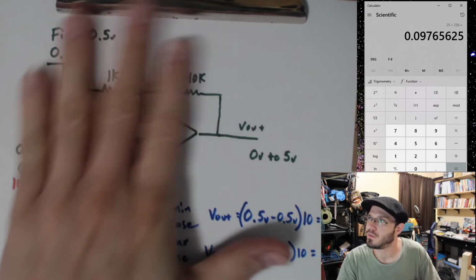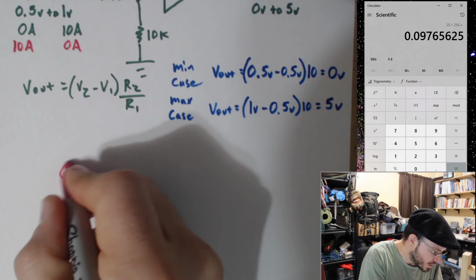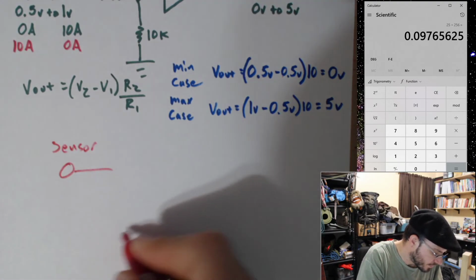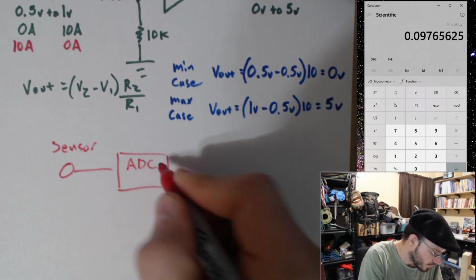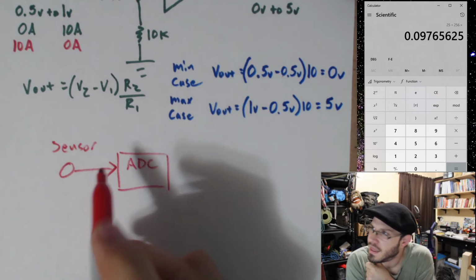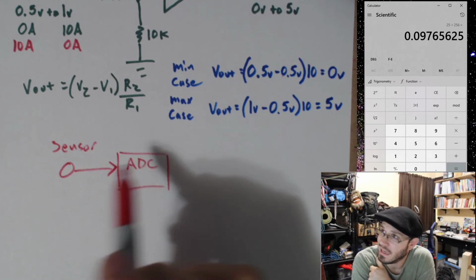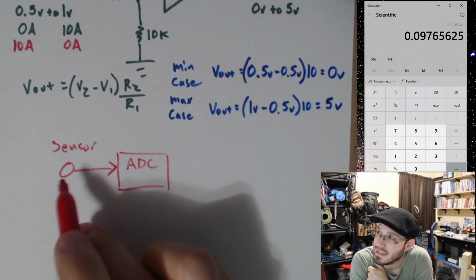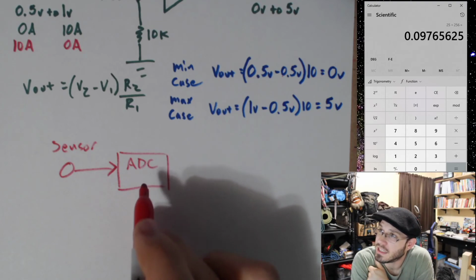If I go back to not even invoking the differential amplifier, if I go back to just taking my sensor going into an ADC, this is generally a pretty bad thing to just directly connect them. And the reason for that is what is the impedance output of my sensor and what is my input impedance of this ADC.